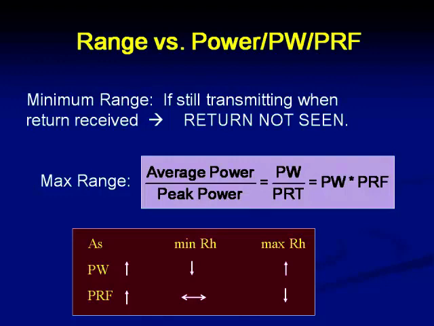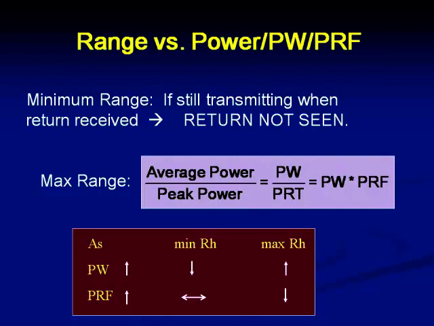What we mean is that within this dead zone the target cannot be detected. So a long pulse width is not advantageous when you are handling targets which are very, very close by.